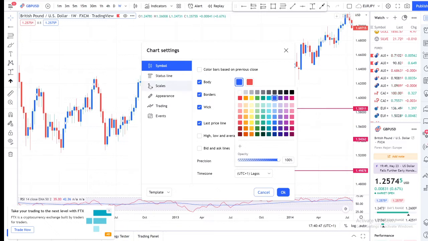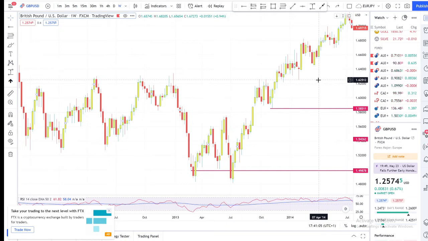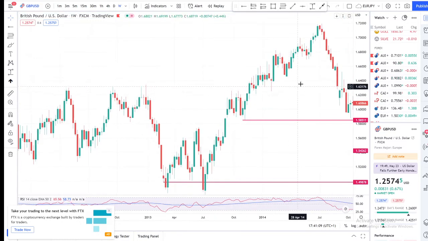It's all about you being able to understand and read your chart, you knowing what you want to do, you knowing what you are looking for, right? So I'm going to leave it at the color it was before. One, two, there you go. Right? So don't be confused.